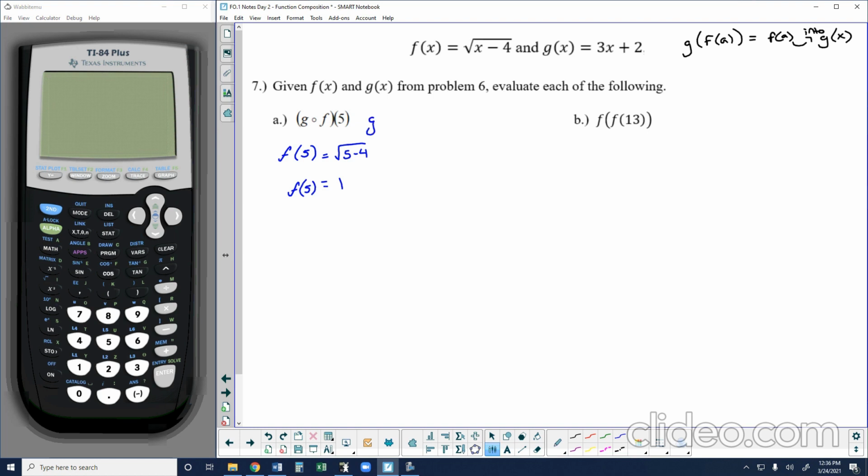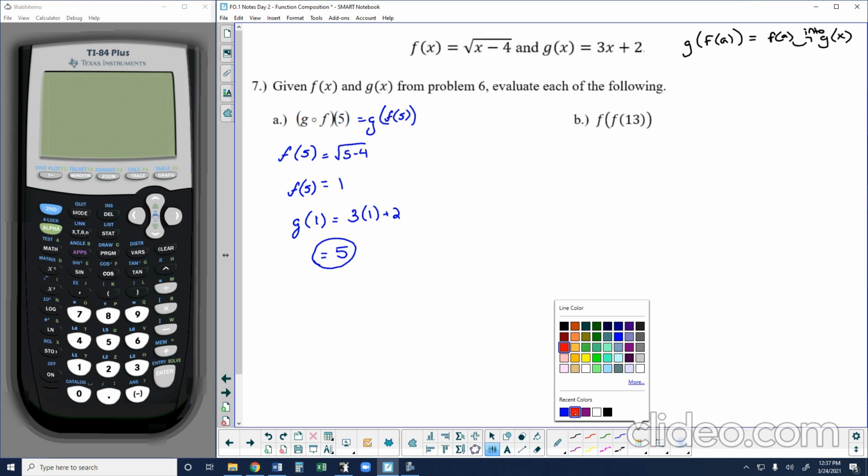If I'm trying to find g of f of 5, I can take this number that I know now represents f of 5 and substitute that into g. So this would be the same as g of 1, or taking the x value in g, so 3x, and replacing it with a 1, which would end up being 5. So g of f of 5 is 5.